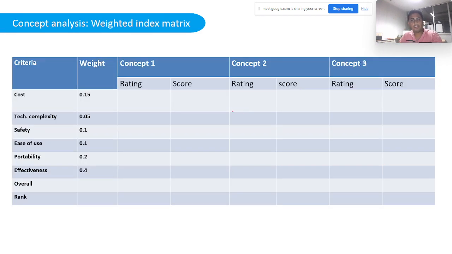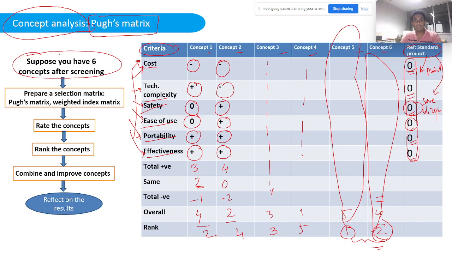The other way of concept analysis is the weighted index method, where you compare the concepts using similar criteria, but now you are providing certain weightage to your scores. Initially, when you use Pugh matrix, you count each individual plus or minus as equal to 1.